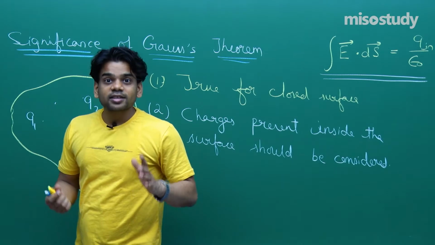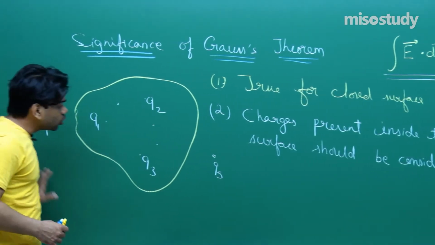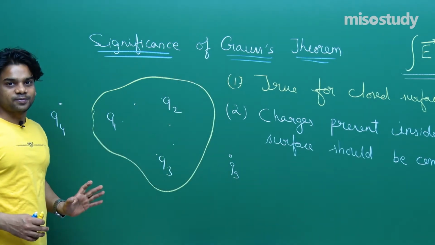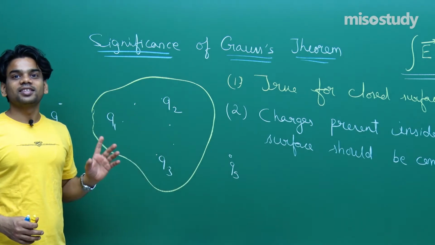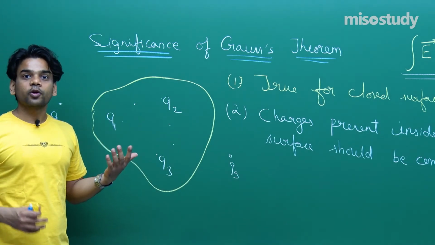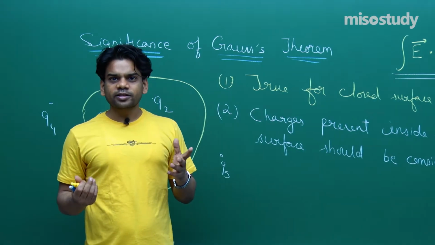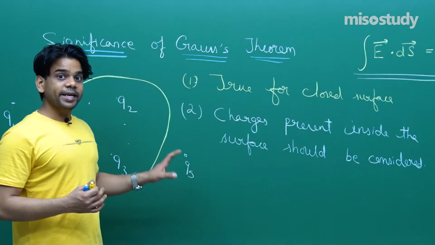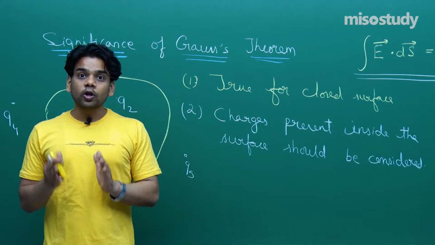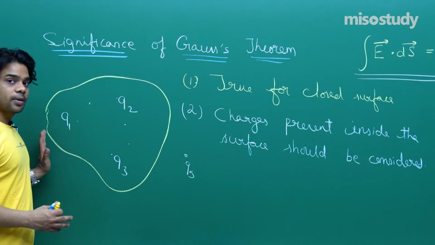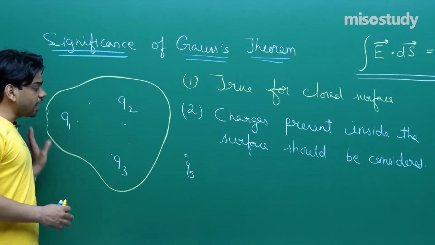This electric flux is not only due to the internal charge, rather it is due to all the charges present. That is, the external charge is also taken into consideration when we talk about the electric flux. So if the question comes, is the electric flux that you calculate only due to the internal charge or also due to the external charge? Electric flux is also due to external charge, including the internal charge. That is, it's due to the charges Q1, Q2, Q3 and Q4, Q5.